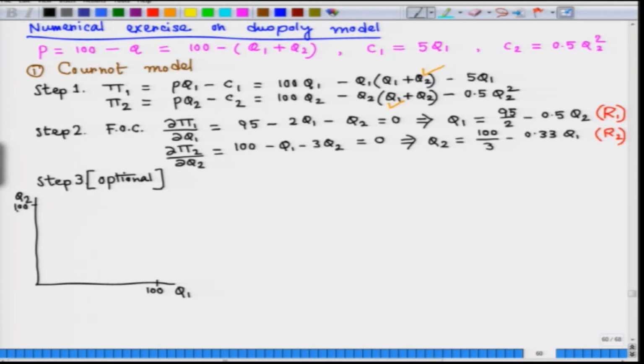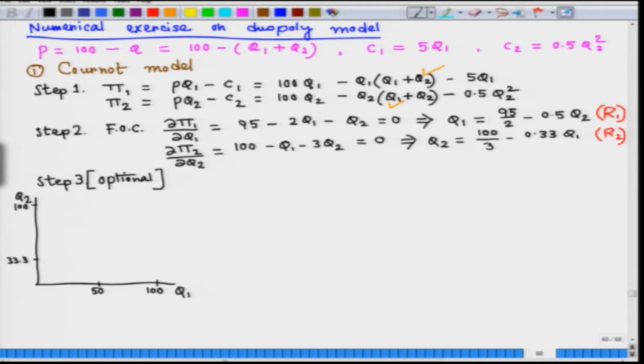Basically I am trying to get the intercepts properly plotted, so that these two reaction functions can intersect as they should. So, now this is more or less half. So, 50, let me mark this, and this is almost 1/3 of the distance. So, this is very close to 33.3.